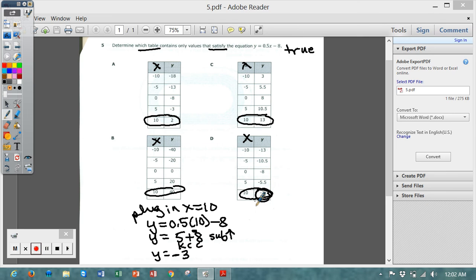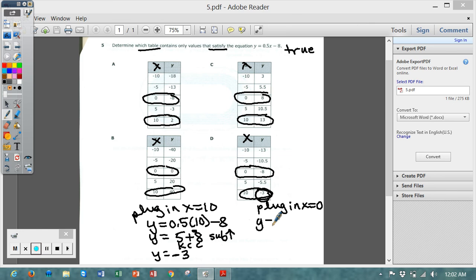Let's try one more. Let's plug in 0. We've got 0 as x, and so let's give that a try, because multiplying by 0 is going to be really easy, and we can check and make sure that D is the right answer. Plug in x is 0.